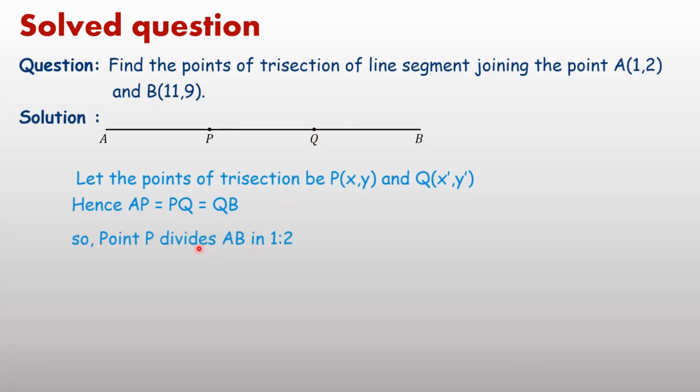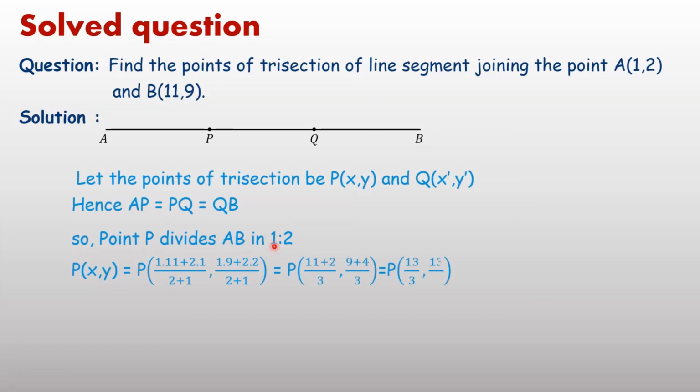Therefore, first find the coordinates of point P. Since P divides AB in 1 is to 2, apply the section formula: 1 into the x coordinate of point B, 11, plus 2 into the x coordinate of point A, 1, upon 2 plus 1, the sum of ratios, and after solving you will get (13 upon 3, 13 upon 3).